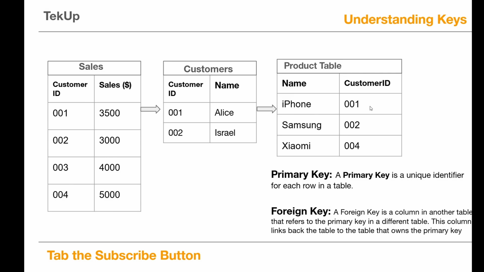Customer ID. Now, if this customer ID is eliminated from this product table, there won't be a relationship or anything connecting these two tables together, and as such, you cannot create a relationship between these two tables in Power BI. Now, what am I trying to say?